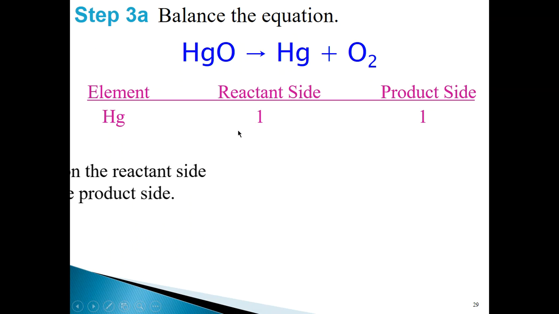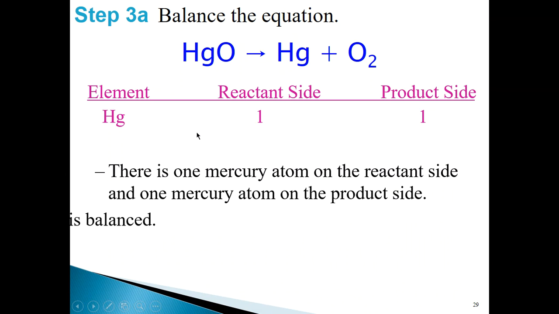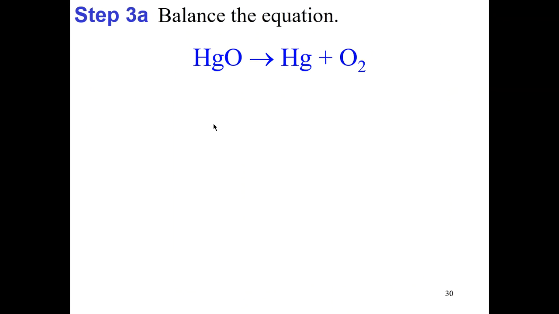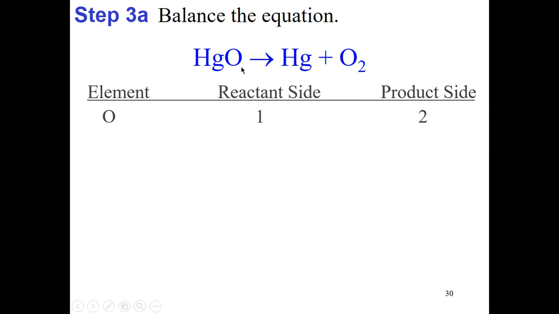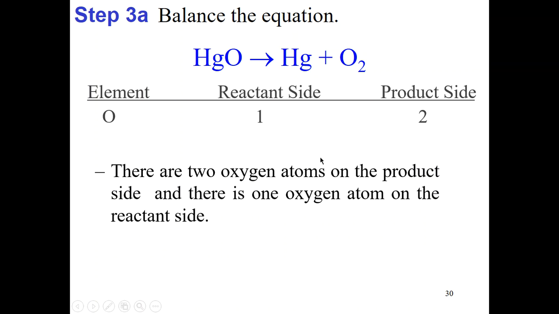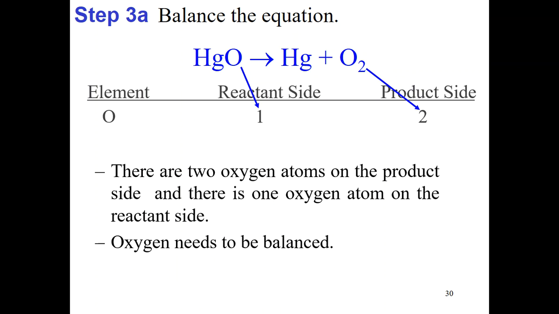But when you compare the oxygens, you have one on the left side but two on the right side. So the oxygens are not balanced, because you have unequal numbers of oxygens on either side. We need to go about balancing the oxygen. So how do we do that?